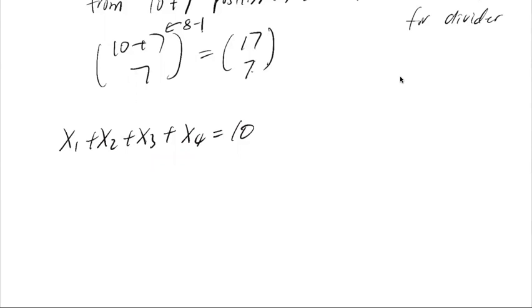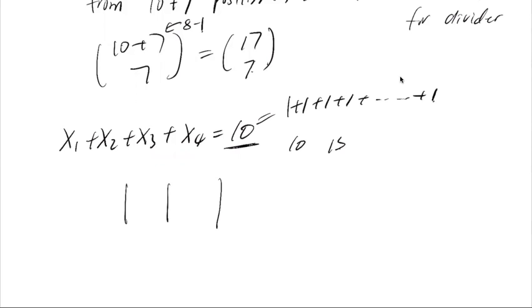We just need 3 dividers to divide the space into 4 spaces. The 10 just stands for 10 ones, so instead of writing 10, we write 1 plus 1 plus 1 and so on, 10 ones, since each variable is an integer.